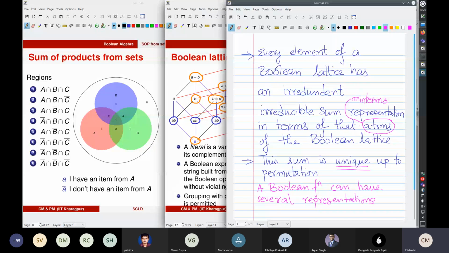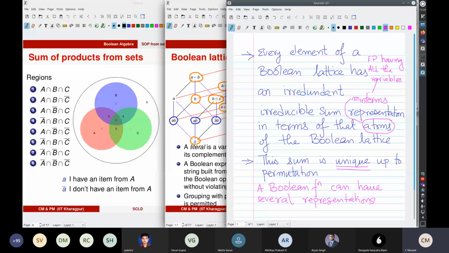And what are these mean terms? Mean terms are fundamental products having all the variables. So that is what these mean terms are.